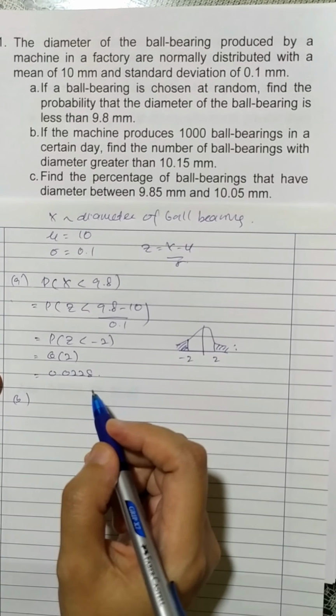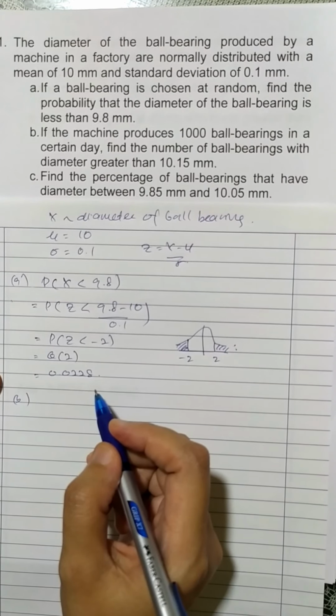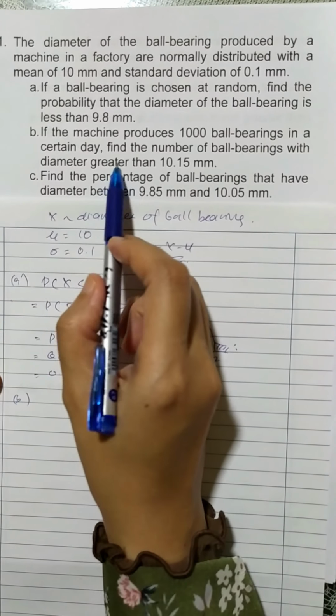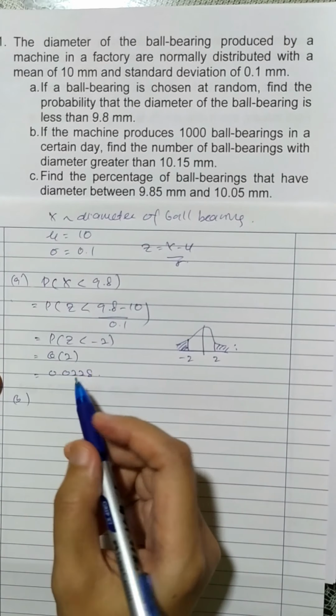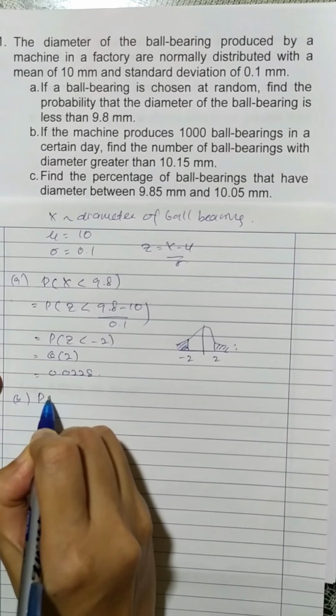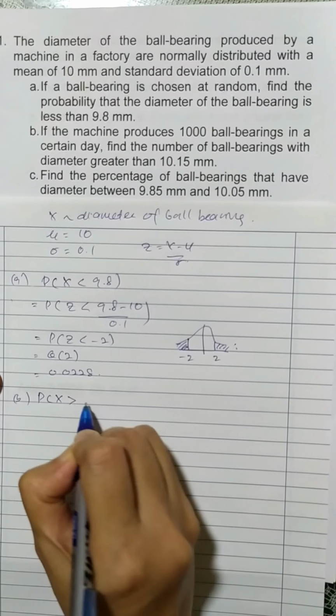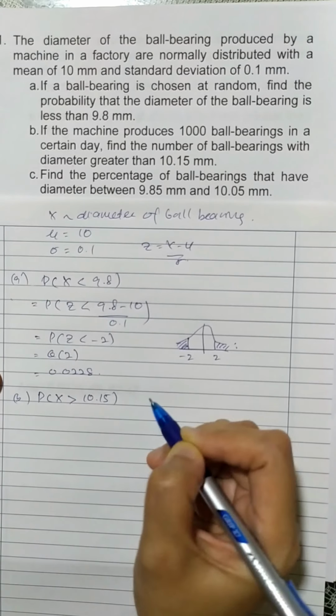The next question, B. If the machine produces 1000 ball bearings in a certain day, find the number of ball bearings with diameter greater than 10.15 mm. To find the number of ball bearings, you have to find the probability first. So find the probability that X is more than 10.15.